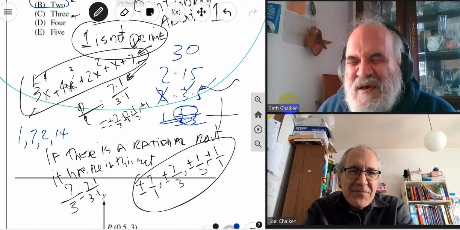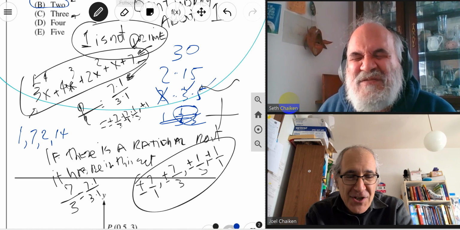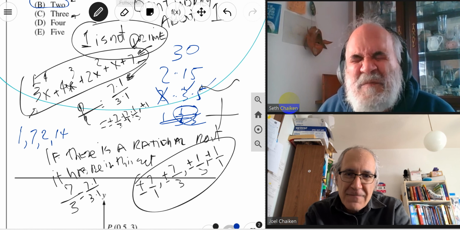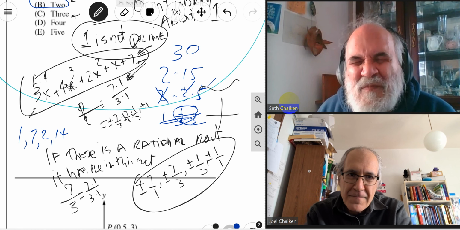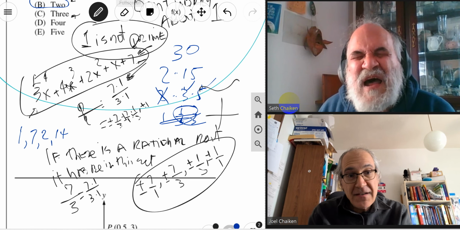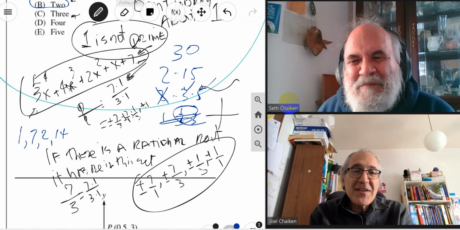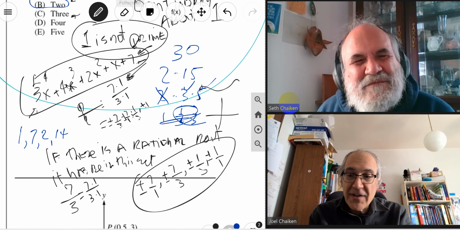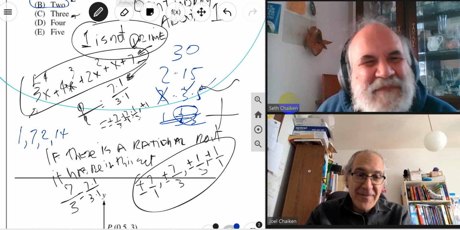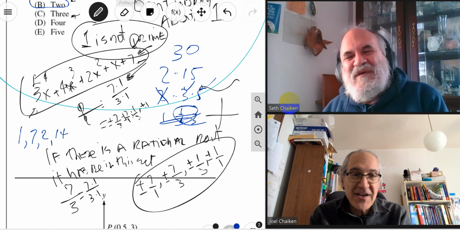But if you're in this application, what you're doing is using the word factor and divisor synonymously. Yeah, synonymously. So if you have nothing else to do, sometime go on Google and see if you can ever find the rational roots theorem where they actually use the word divisor instead of factor.